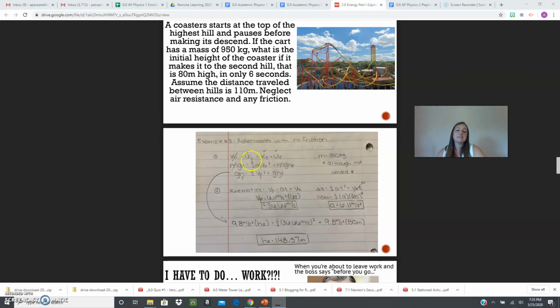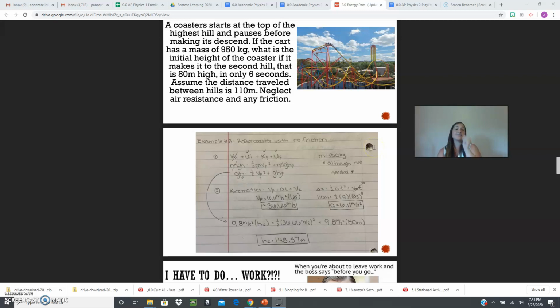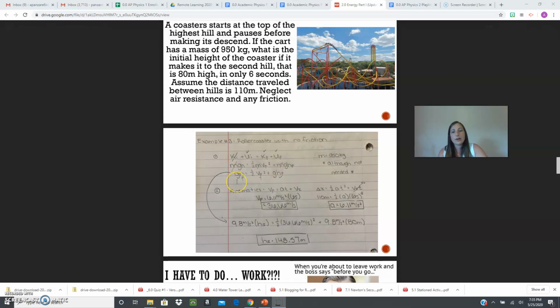Notice that I canceled all of the m's because if something appears in every single part of your equation, then it doesn't actually do anything, and you are allowed to cancel them. Now, for this problem, you did have m, but sometimes you don't. A lot of problems don't give you m because you're able to cancel. So just remember that if you get stuck on any of those practice problems, you most likely can cancel out your m.